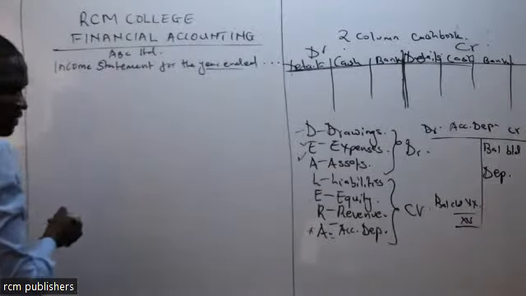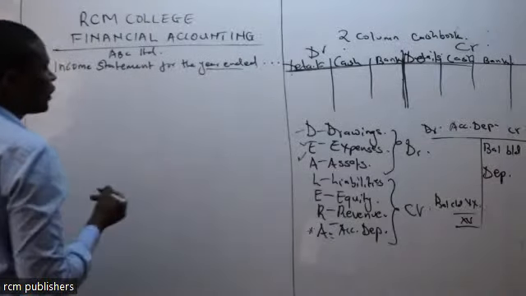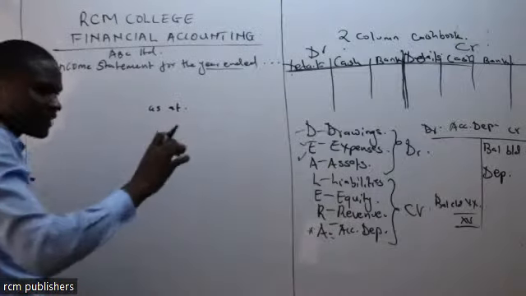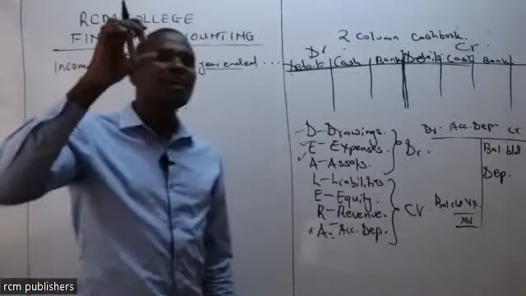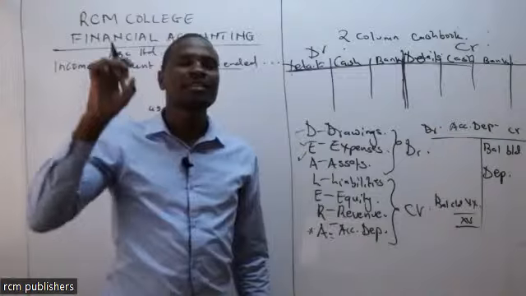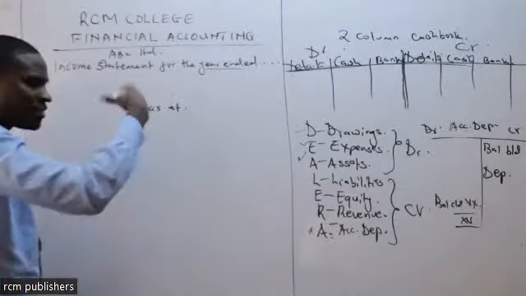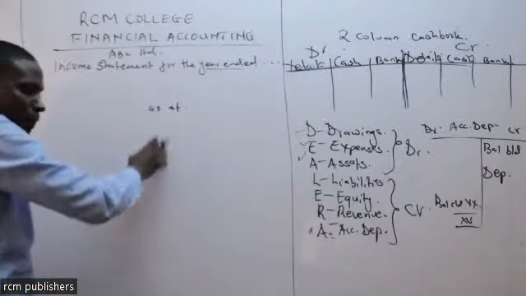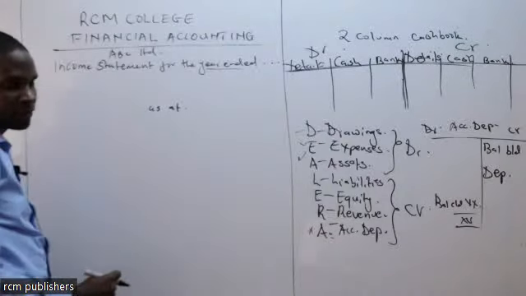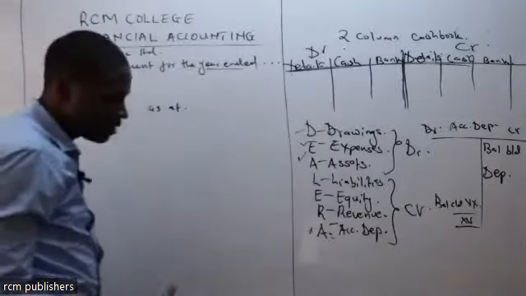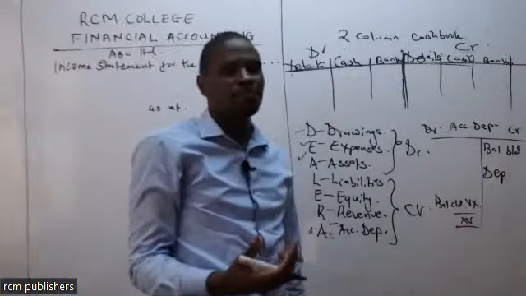The statement of financial position is prepared as at. Remember, it is just a snapshot, as at that date. But for the income statement, there are transactions which have been happening throughout the year.